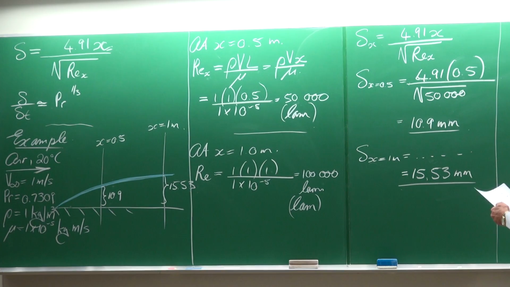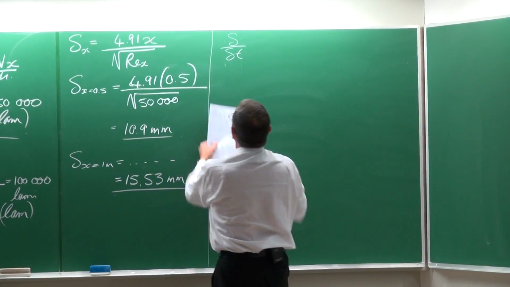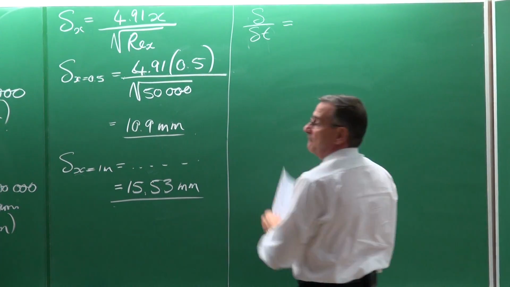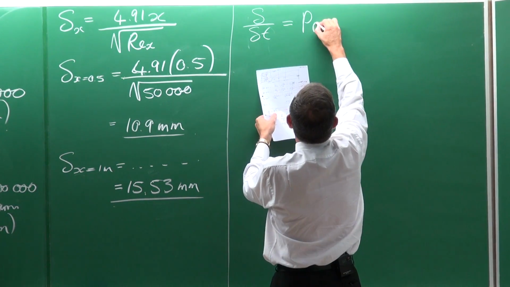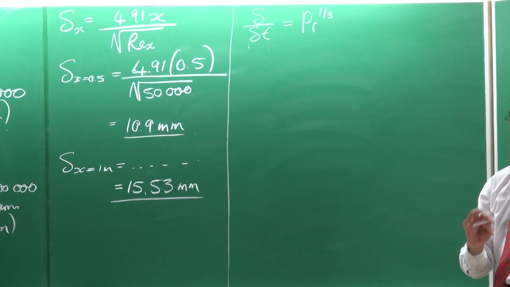Let's go and calculate now the thermal boundary layer thickness. For the thermal boundary layer thickness, delta divided by the thermal boundary layer thickness is approximately equal to Prandtl to the third. It is not exactly, but it is very close to it.